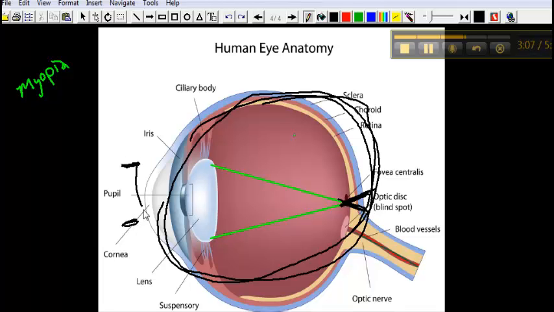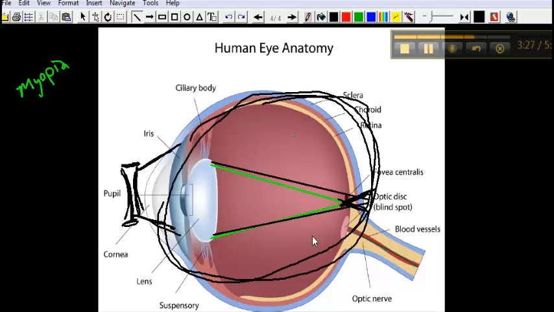This diverging lens that you wear as glasses spreads the light out a little bit so that when it hits the lens, it's going to be further out, and therefore it's going to converge back here on the back of the eye like it's supposed to, because it's spread out further to start.